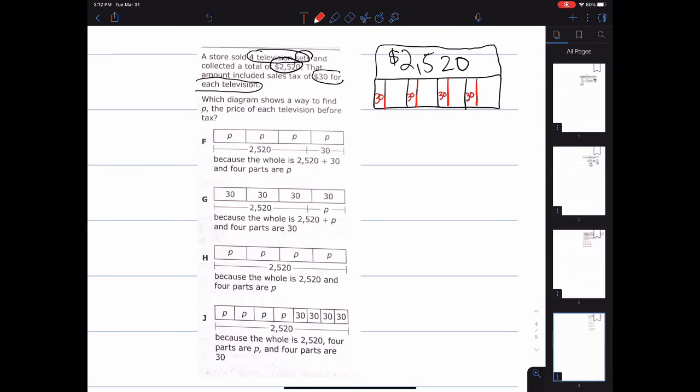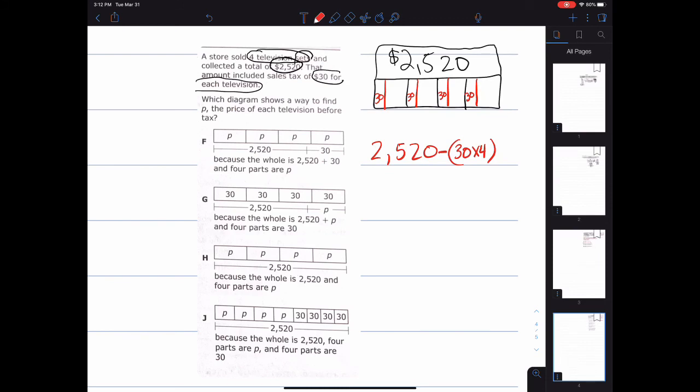So let's think about this. I know that I paid a total of $2,520 for everything including tax. If I wanted to know how much each TV cost, first I have to figure out how much I paid in tax. So I would have to take my $30, and I have 4 sets of 30, multiply that, and then subtract that from my $2,520.